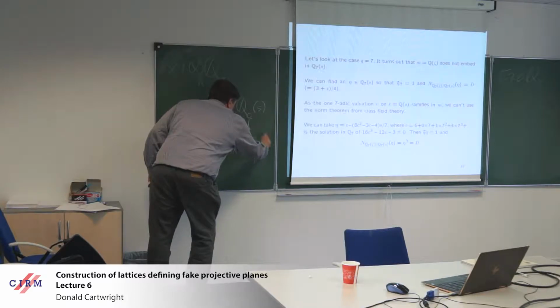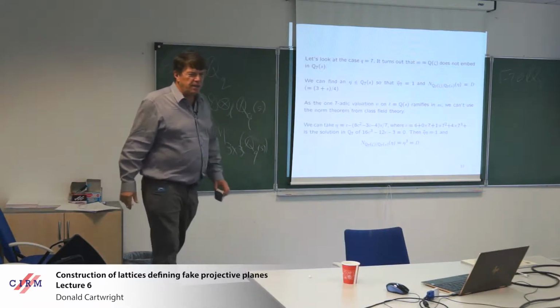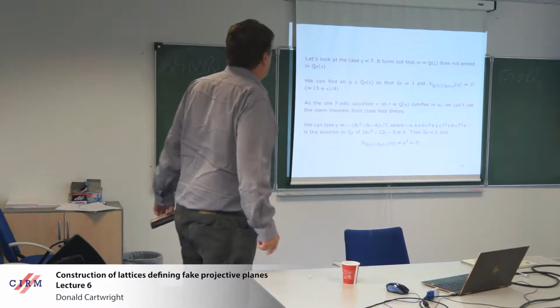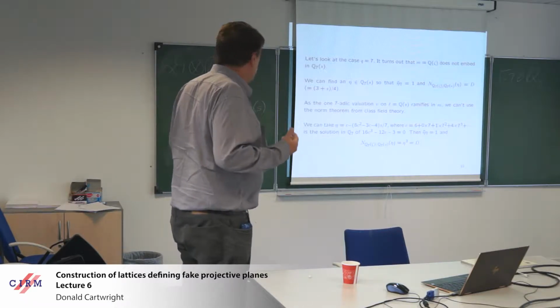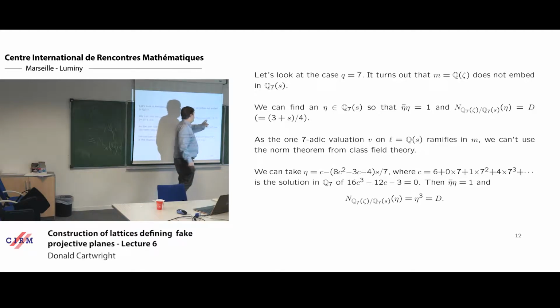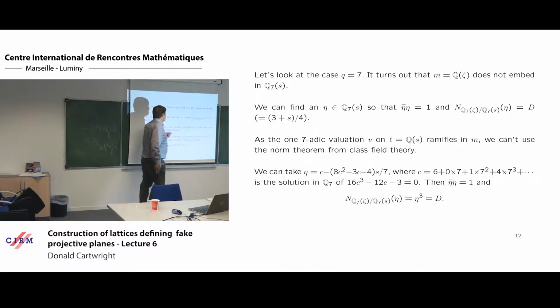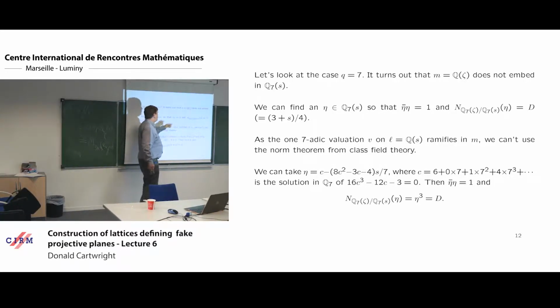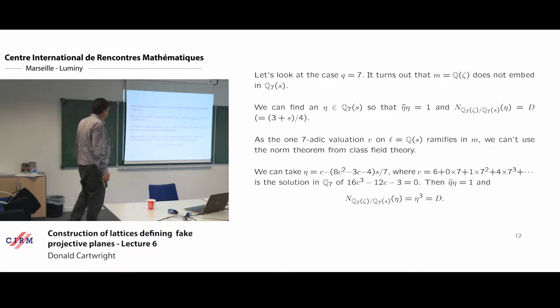And to see that, I explained in one of the earlier talks that you need to realize that D is a norm. Okay, and it's good to have this too for reasons I'll explain in a moment.